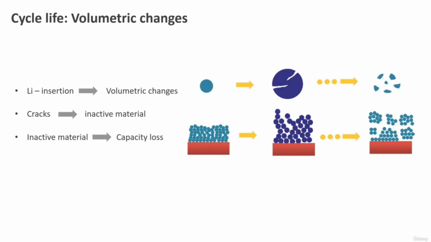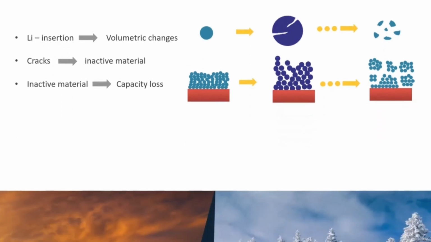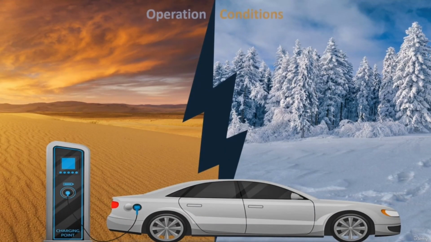Also, the operation conditions of lithium-ion batteries have a large impact on the battery cycle life. High temperatures enhance electrolyte decomposition, which, as discussed, is determinant for the cycle life. High temperatures can occur due to outside temperature, but also because of heat development in the battery due to internal resistance.